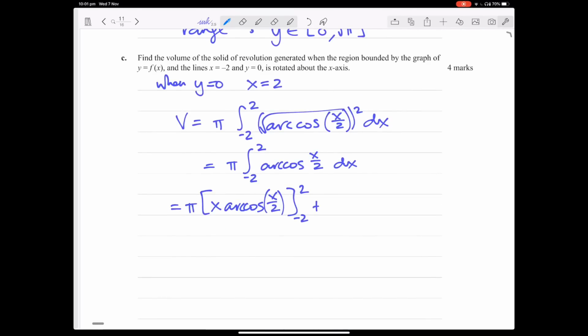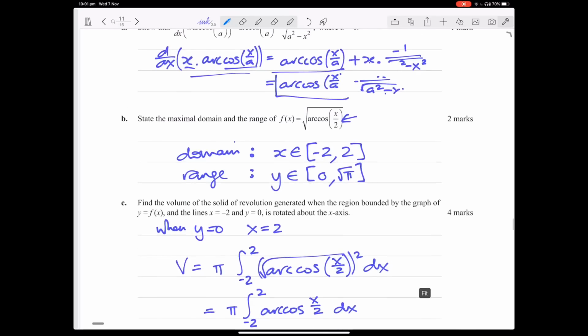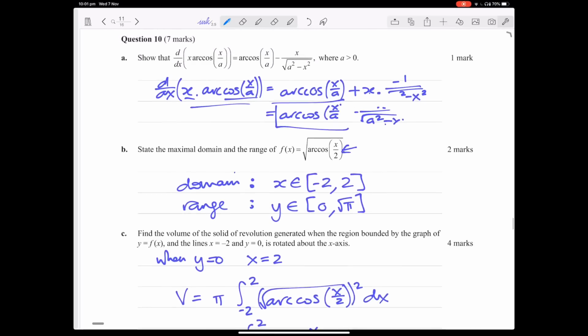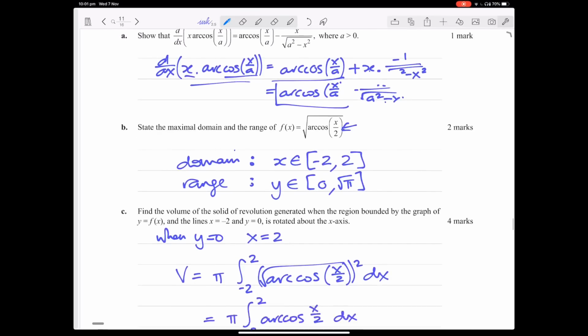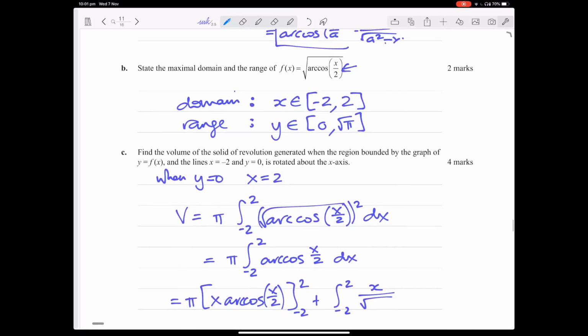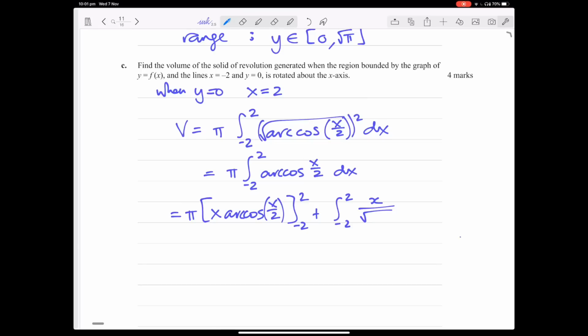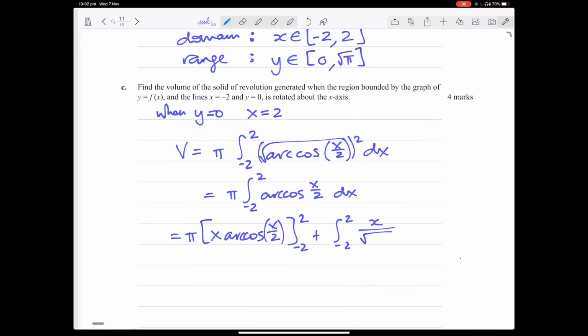So plus from -2 to 2, it was x on square root, what was it, a squared minus x squared, so it was 4 minus x squared, because a was 2, dx.